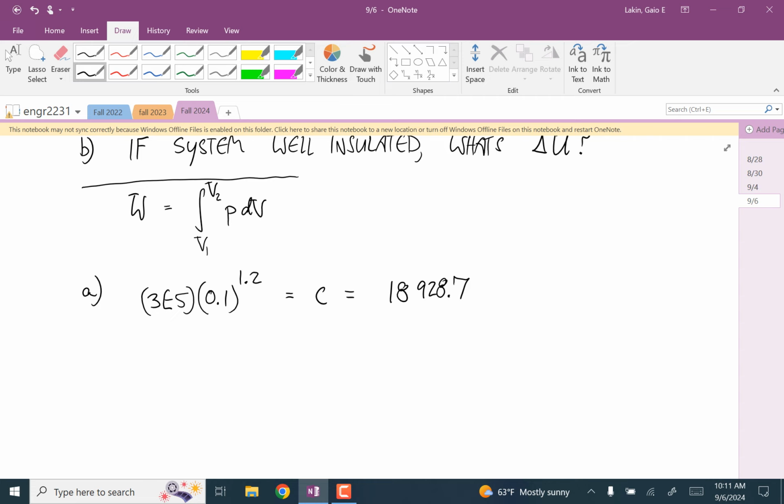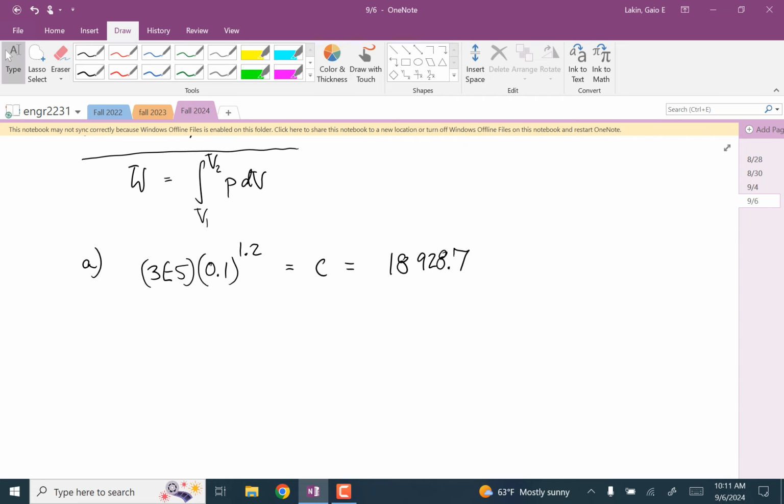So it doesn't mean anything physically, really. Okay, so now what we know is we have P times volume to the 1.2 is equal to 18,928.7.